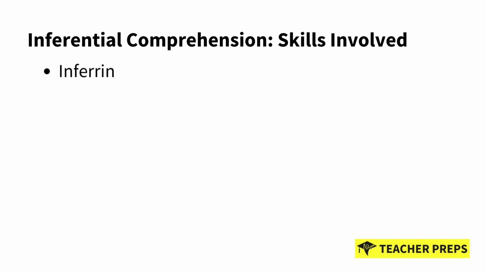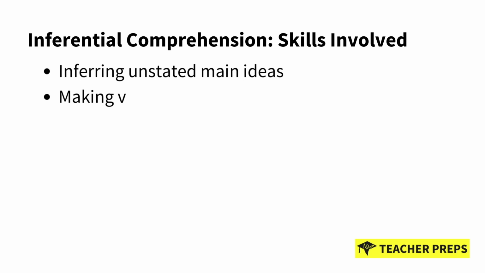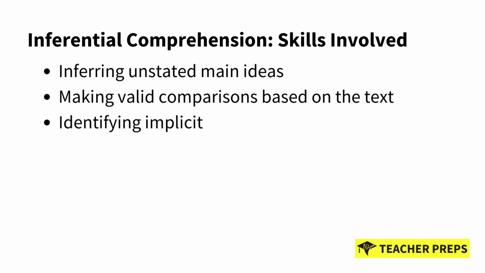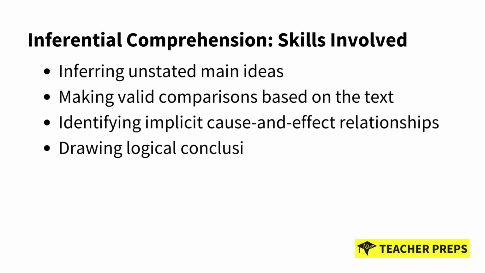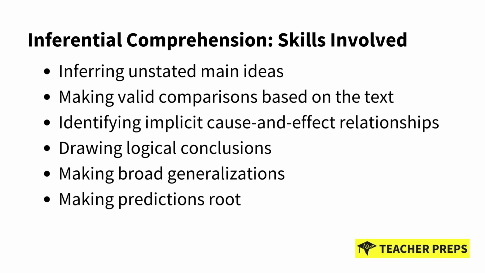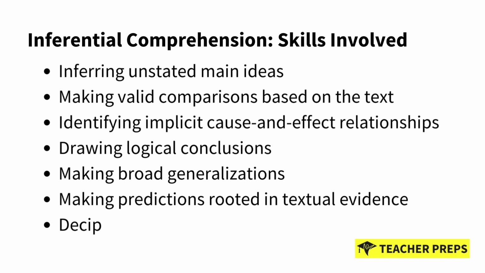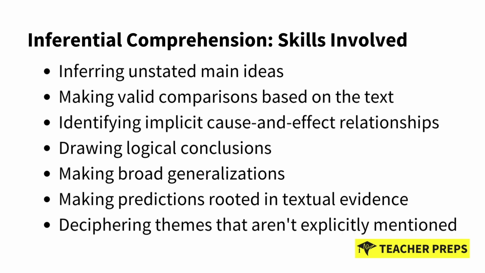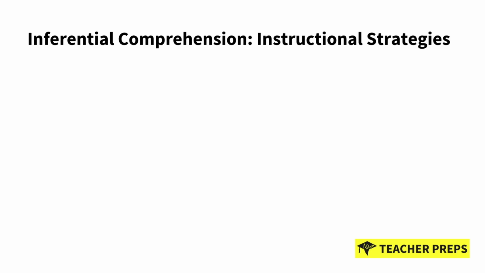These skills include inferring unstated main ideas, making valid comparisons based on text, identifying implicit cause and effect relationships, drawing logical conclusions, making broad generalizations, making predictions rooted in textual evidence, or deciphering themes that aren't explicitly mentioned. Your exam will ask you to match a student need or reading outcome with the correct type of reading comprehension.